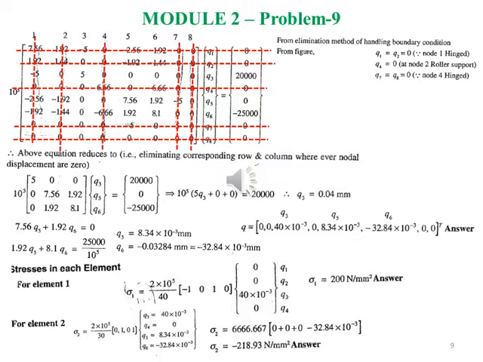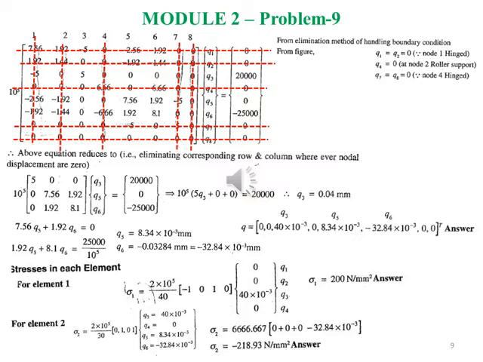So we can rewrite it as [5, 0, 0; 0, 7.56, 1.92; 0, 1.92, 8.1] into Q3, Q5, Q6 into 10 power 5 is equal to 20,000, 0, minus 25,000. So 3 unknowns, 3 equations.